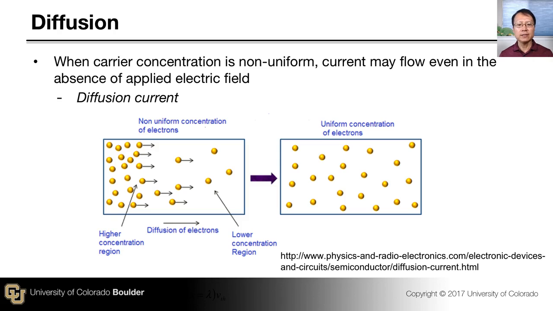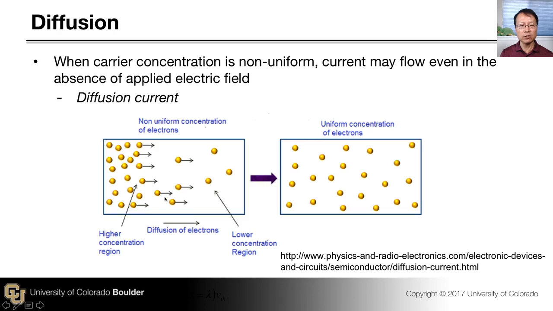Likewise, with carriers inside a semiconductor, if for whatever reason you initially have carriers very highly concentrated on one side and very low density on the other side, then because of this difference in carrier concentration, these carriers will diffuse from the high concentration region to the low concentration region.